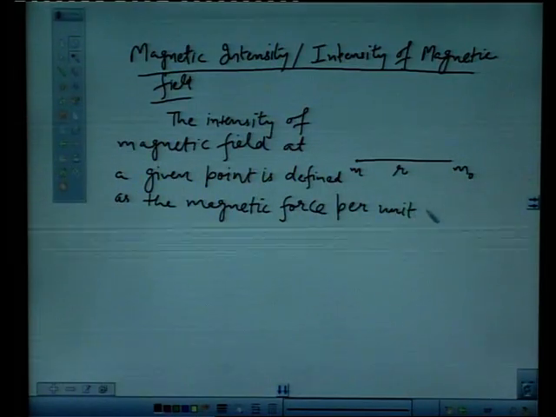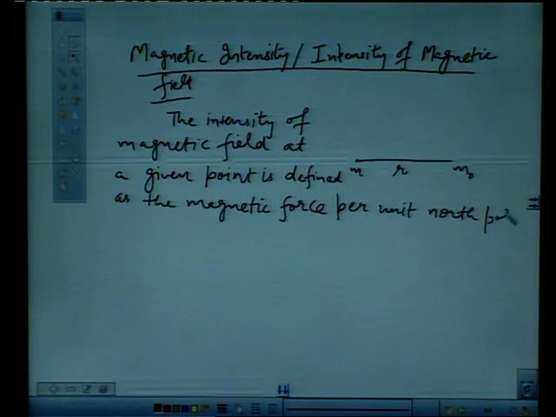This can be related with the definition of electric field also.